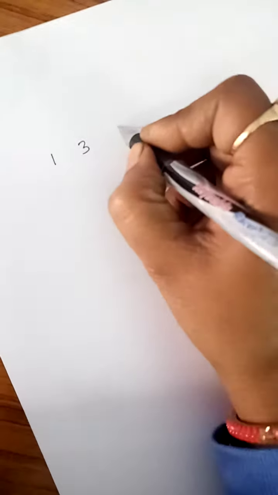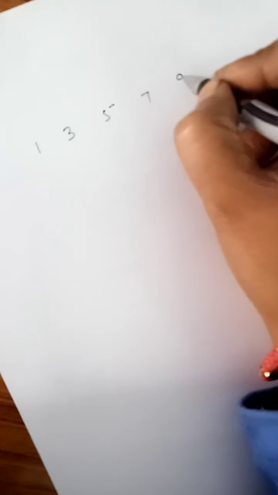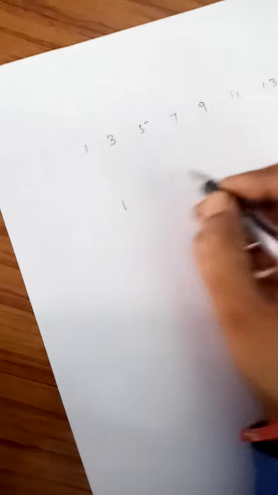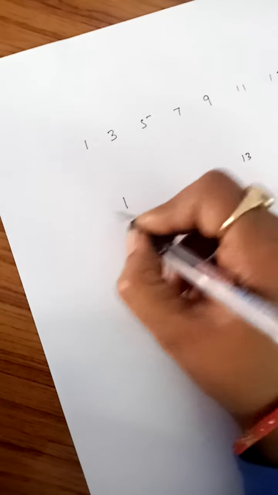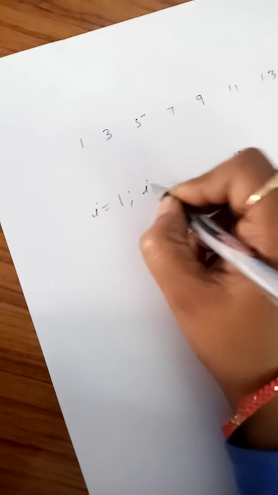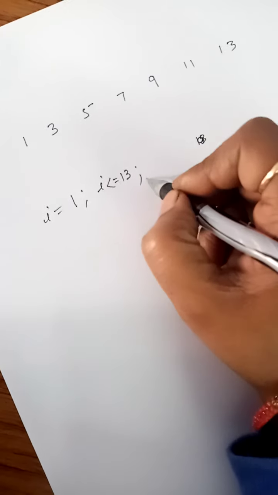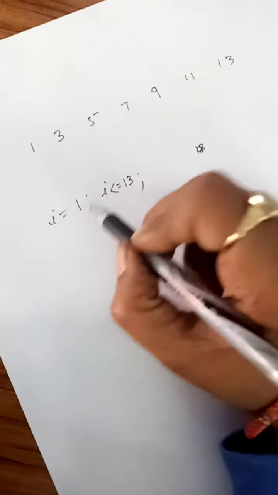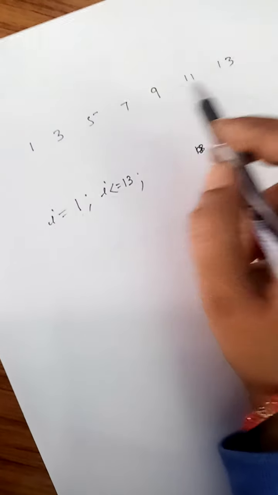1 3 5 7 9 11 13 like this, so this is from 1 to 13. I equals 1, I less than or equal to 13, and what will be the update expression? We are incrementing the value of I by 2.